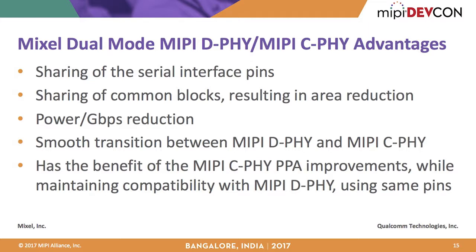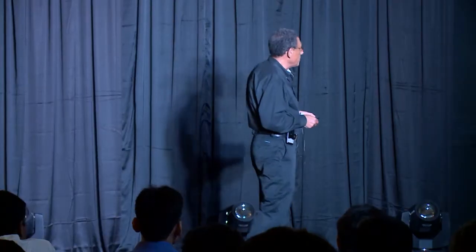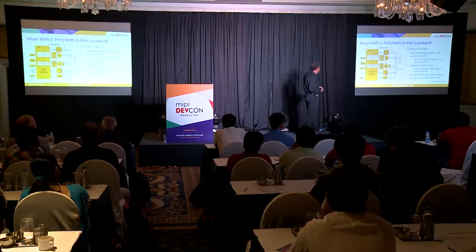The power per gigabit per second is achieved with the C-PHY. We enable a smooth transition between the D-PHY and the C-PHY. And of course, you gain the benefits of the power, performance, and area that the C-PHY provides, while maintaining the compatibility of the D-PHY. So really, you only use those when you need to.